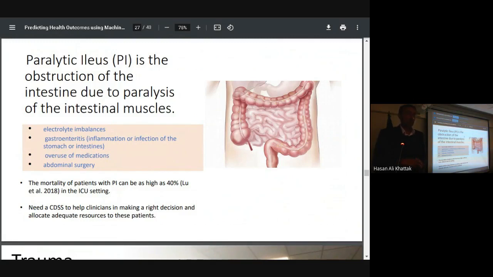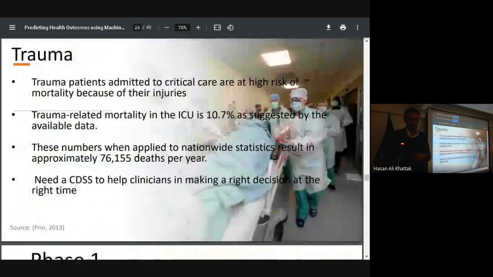Therefore, we realized there is a need to develop a clinical decision support system that could help clinicians make the right decisions to allocate resources to these patients. This could also help the hospital administration in sending trained nurses to the patients when a particular patient arrives.